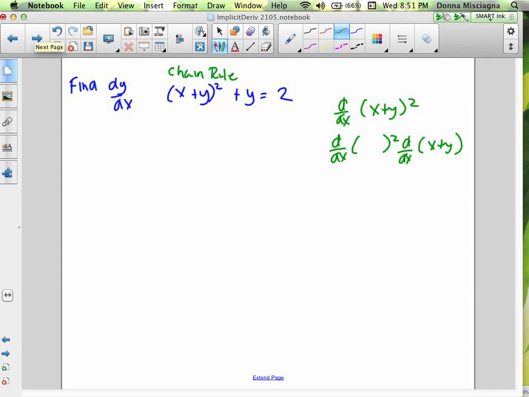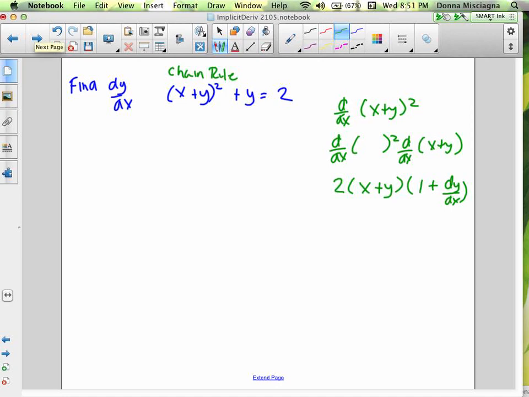So the derivative of blob squared is 2 blob. What's the blob? X plus y. And then we need the derivative of the blob. The derivative of x plus y is going to be times 1 plus, the derivative of x is 1, the derivative of y is dy dx.